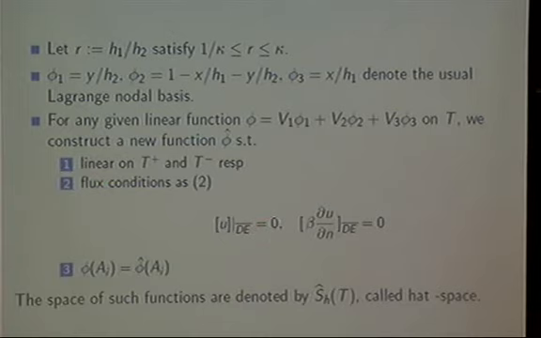Of course, first the function is continuous along the interface, and its normal derivative with beta is also continuous. But the true interface is curved, and we replace it by a straight line. So this is only weakly satisfied, and it keeps the original value at the node. So this space of functions is denoted by S H hat.